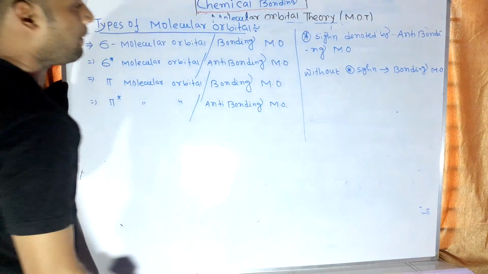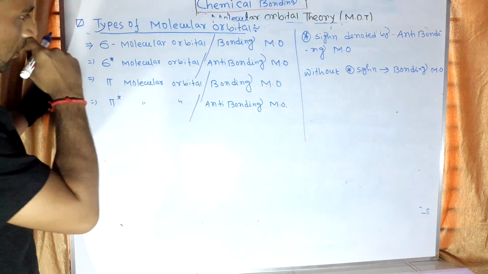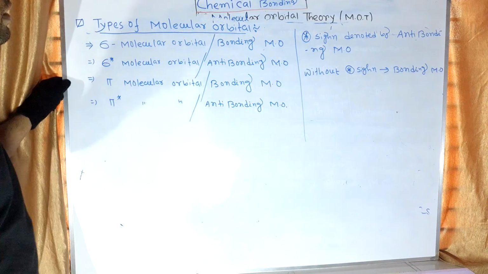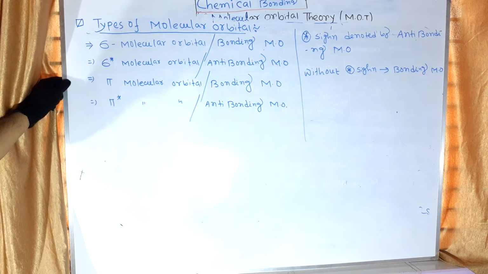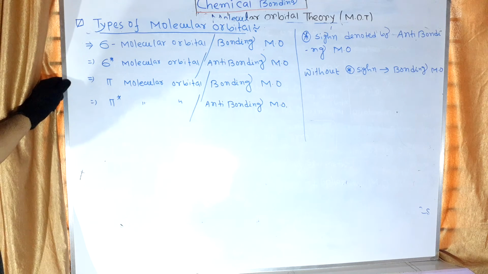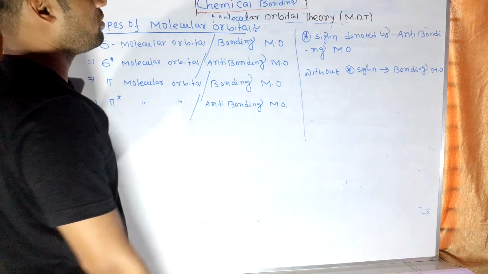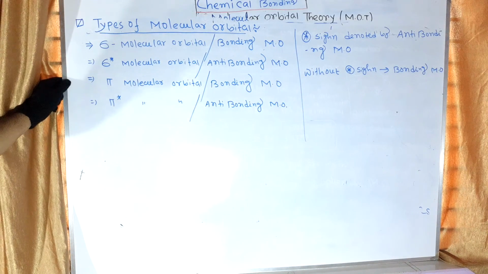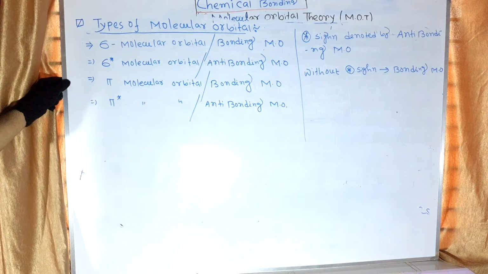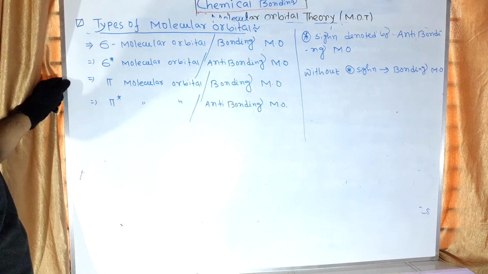So these are the types of molecular orbital: sigma molecular orbital or bonding molecular orbital, sigma star molecular orbital or anti-bonding molecular orbital, pi molecular orbital or bonding molecular orbital, pi star molecular orbital or anti-bonding molecular orbital. Star sign denotes anti-bonding, without star sign bonding. This is the types of molecular orbital.